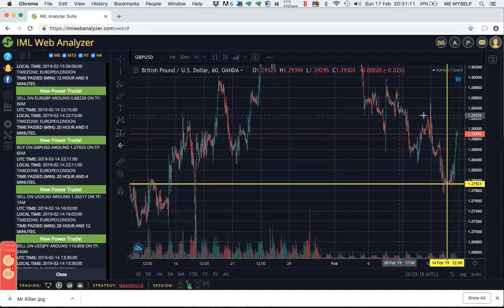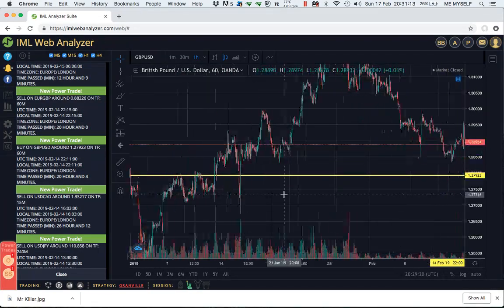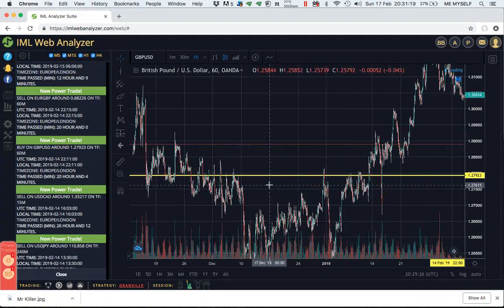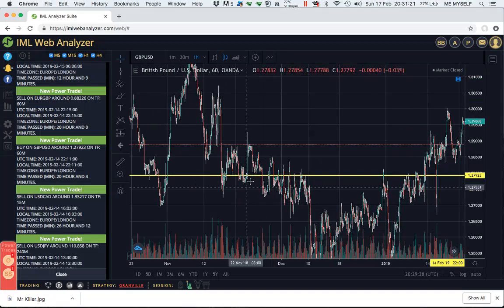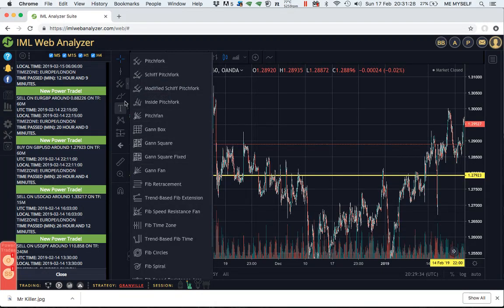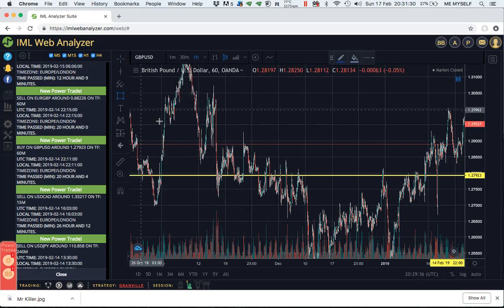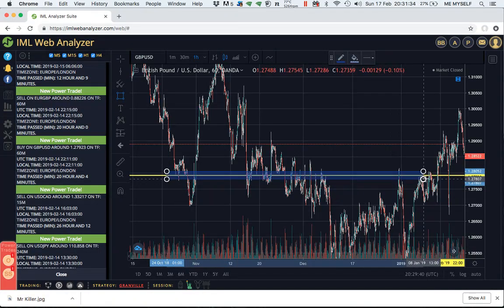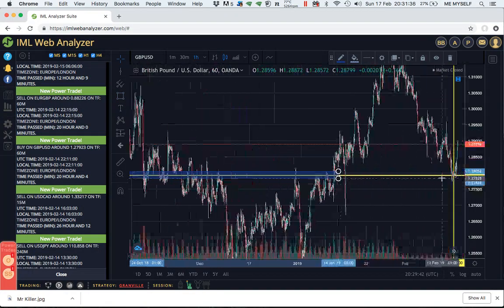We're looking at GU, looking at the price structure, and we're looking at where price is. Here is resistance, resistance, resistance. All right, resistance, support there, support there, support here. So again, we're in a zone. We are in a zone that price could show some signs of reversal for sure.